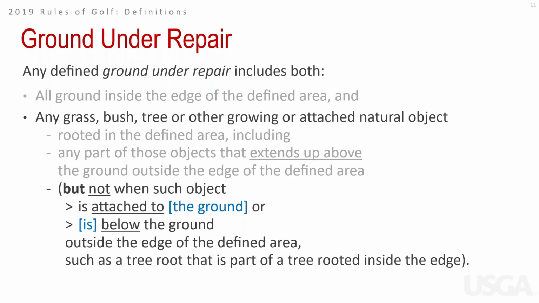So if the root extends outside the defined area of ground under repair and is not marked within that said area, and again, we'll get into how we define an area of ground under repair, we're not going to give relief for that. You don't really see many branches that extend downward like that, but you think about it as the roots that extend outside that defined ground under repair.